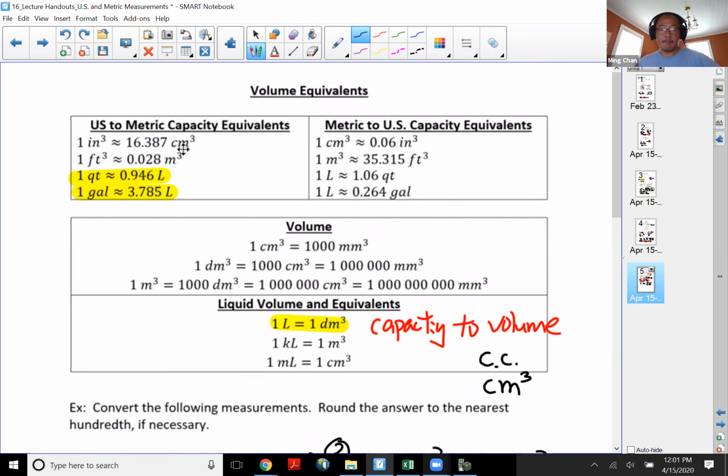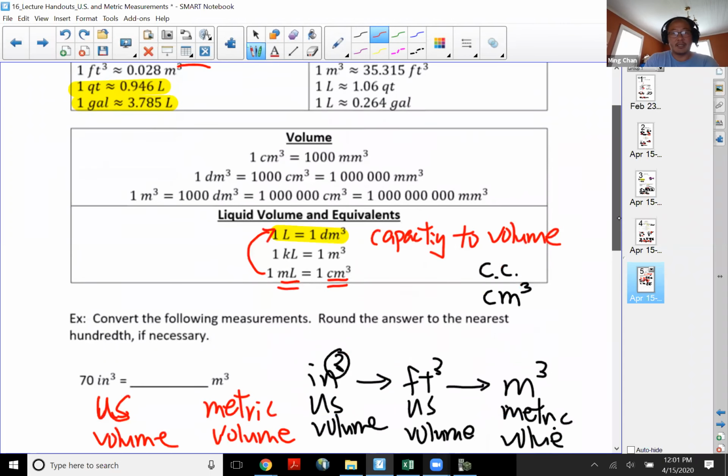Everybody see that? Okay. See right here, if I go to cubic centimeter, then cubic centimeter down here takes me to milliliter, which milliliter can actually take me to what? To liter. That's actually how we're going to go.